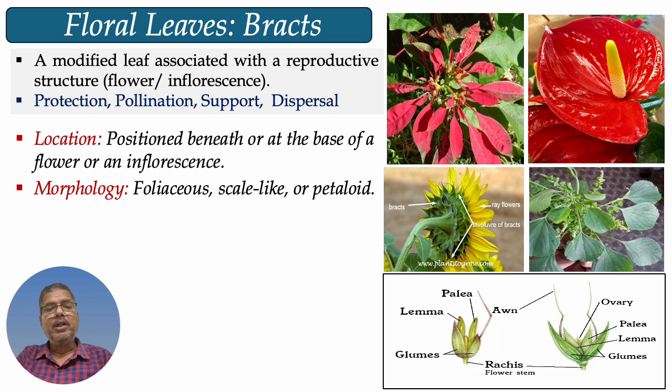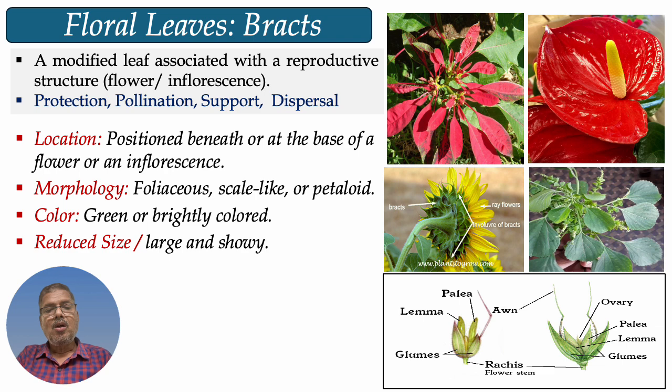They can be leafy, scale-like, papery, or petal-like. They can be green but are often brightly colored, like red, pink, white, yellow, etc. Often smaller than typical foliage leaves, they can sometimes be very large and showy.